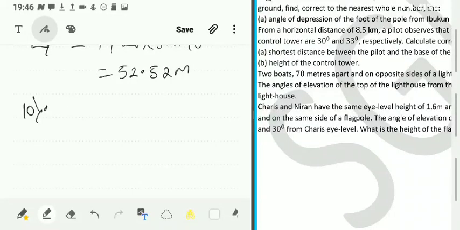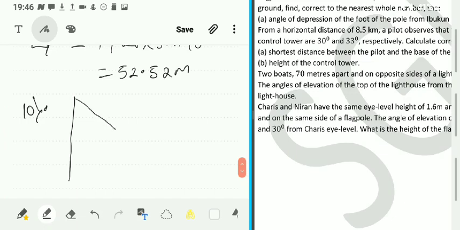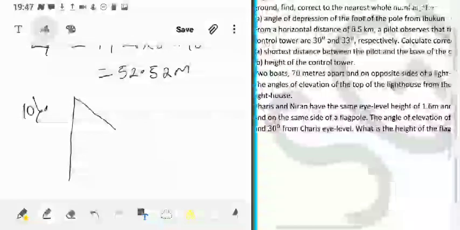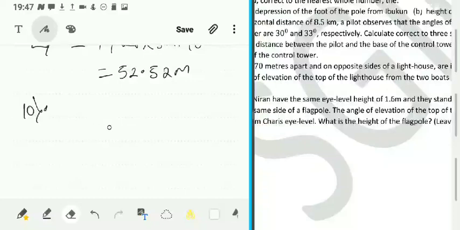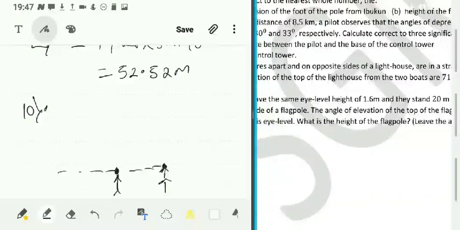So let's assume this is how this thing is. Look at them, Caris and Neuron, they have the same eye level. If this is Caris here, and this is Neuron here, they have the same eye level of height 1.6 meters.